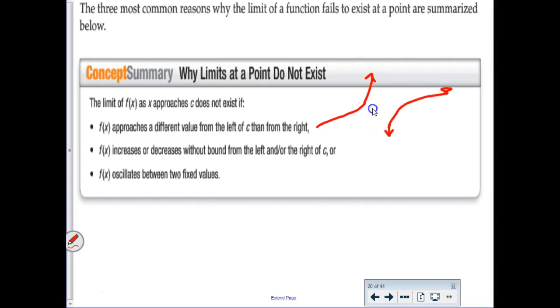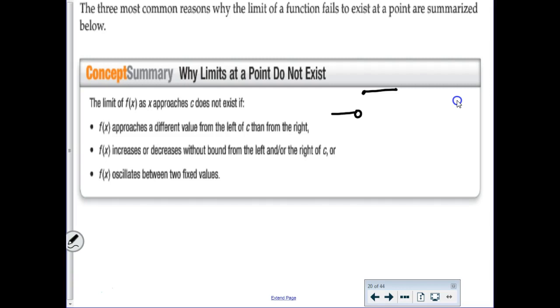There's some sort of vertical asymptote where there's a break, a jump, a hop. It's going to approach two different values. We saw that step function earlier where it jumped, essentially. So it was like this. That would be a good example of something where it approaches two different y values from the left side and right side, and that's why the limit doesn't exist.